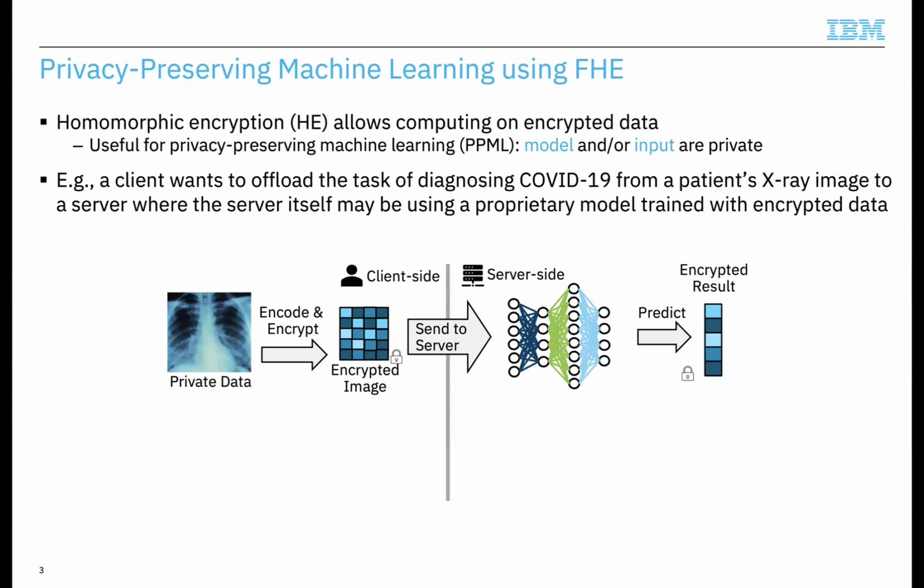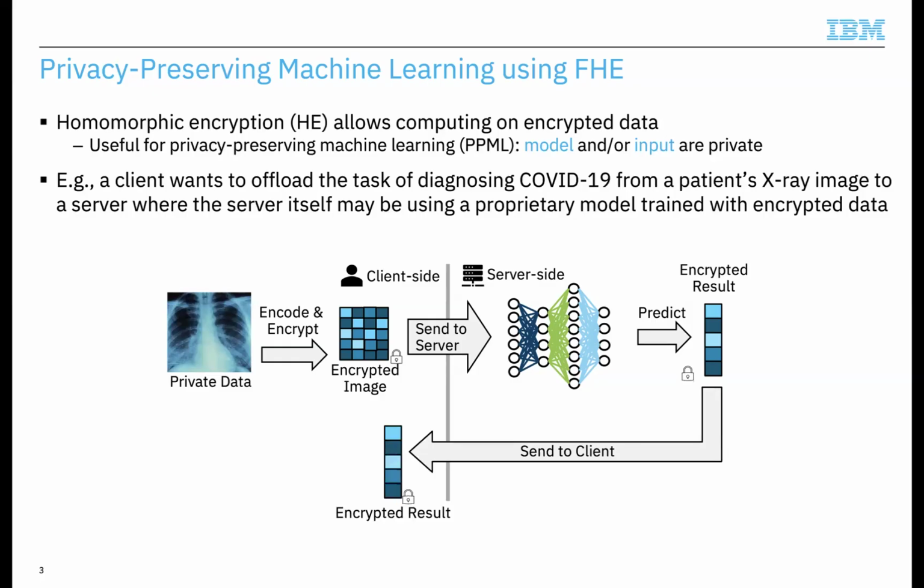The server has no visibility to what the contents of the results are. It simply sees it as a bunch of garbled data because it's encrypted, ships it back to the client, and the client has the key to decrypt it. And there's a step called decode as well. And then maybe unfortunately, this patient had COVID. So that's the basic flow of privacy-preserving machine learning using FHE.